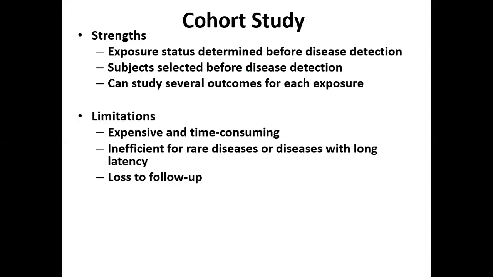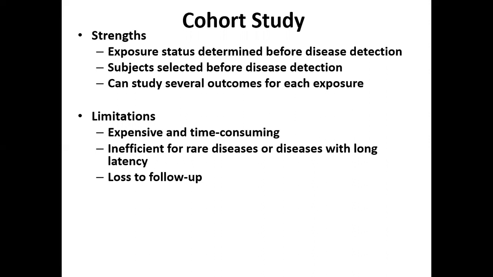I know. So we have mentioned that cohort studies are the best observational studies, right? Why? Because we can determine the exposure status before the occurrence of disease. So we can select the subject before disease detection.